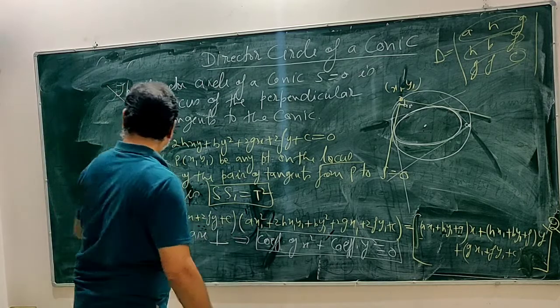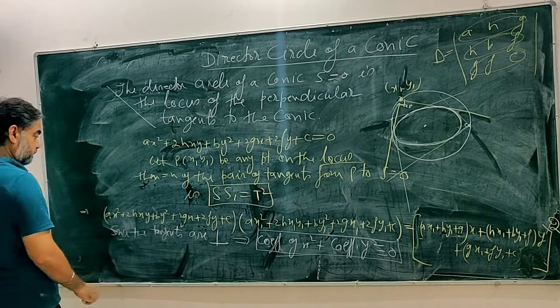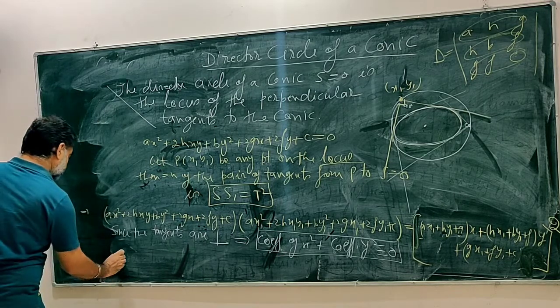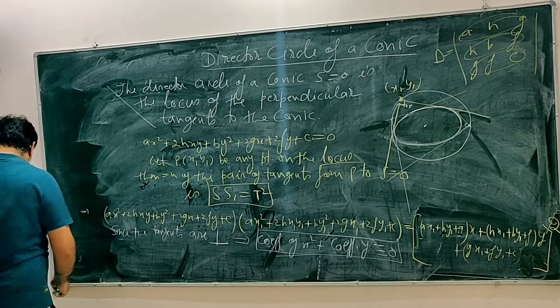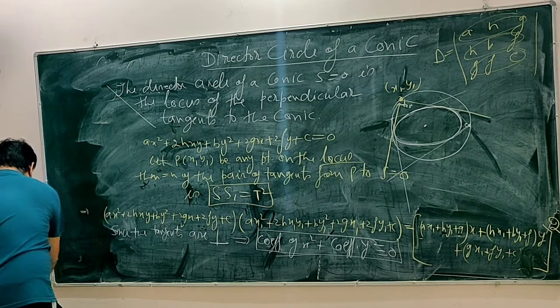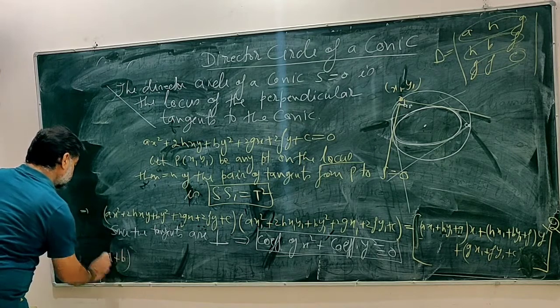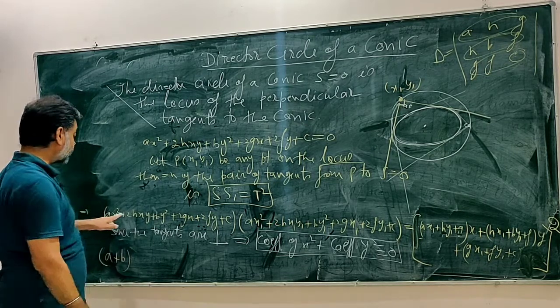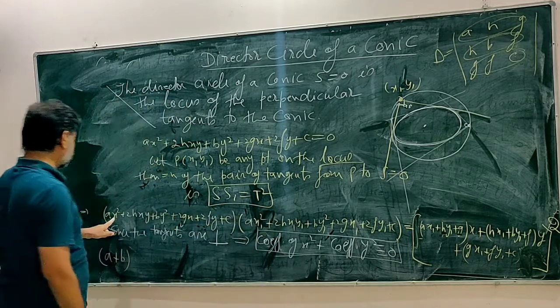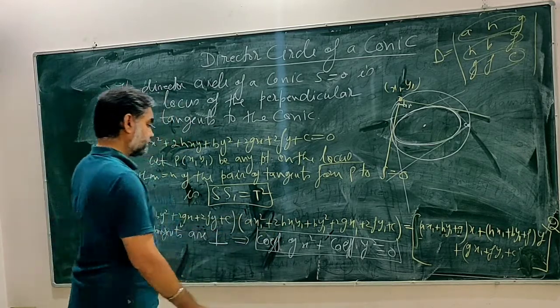The coefficient of x square would be A plus B, because this is A into x square into this bracket. This is the coefficient of x square, and what is the coefficient of y square? B into this.